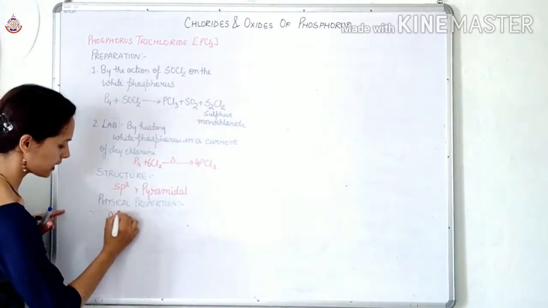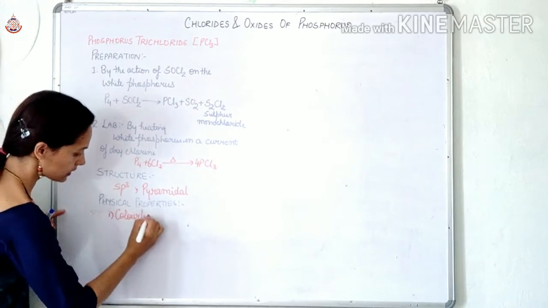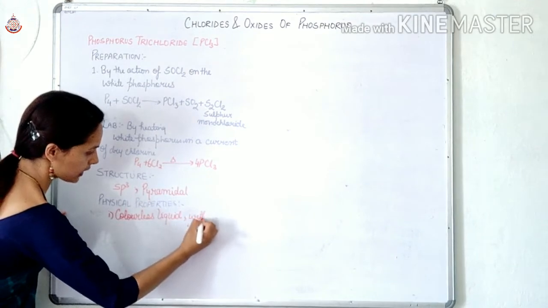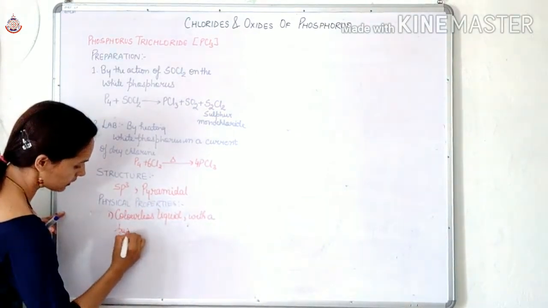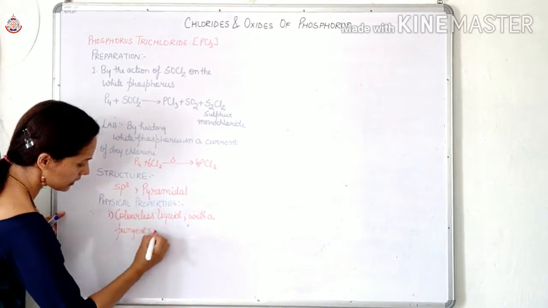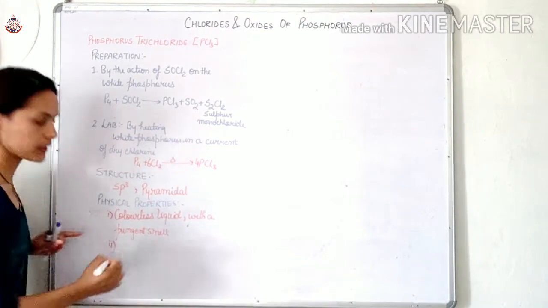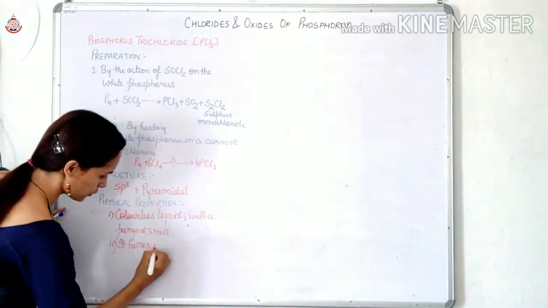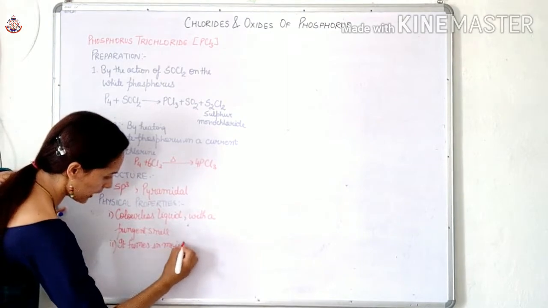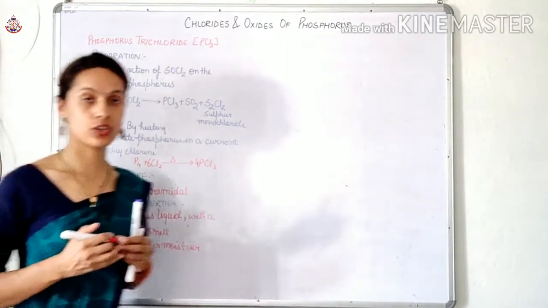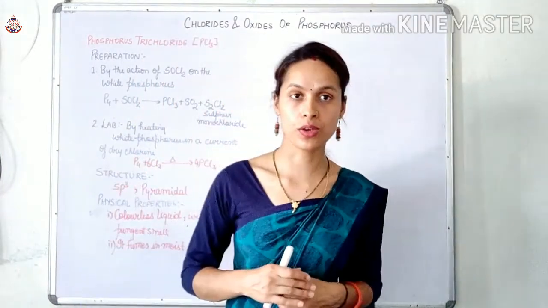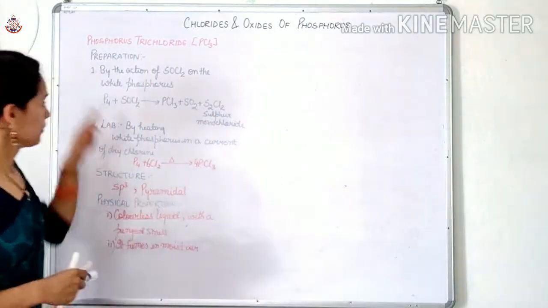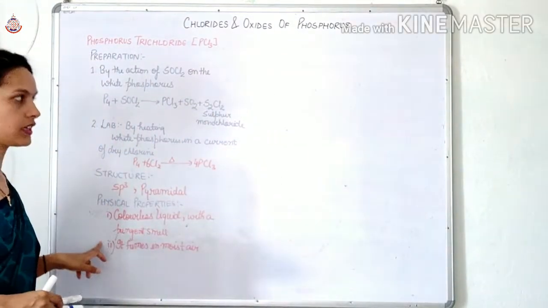The second physical property of PCl3 is that it fumes in moist air. Why does it fume in moist air? Due to the formation of P4O10. So, preparation, structure and physical properties.